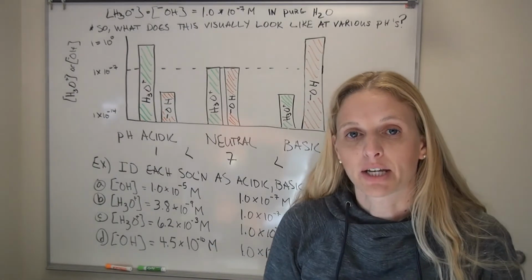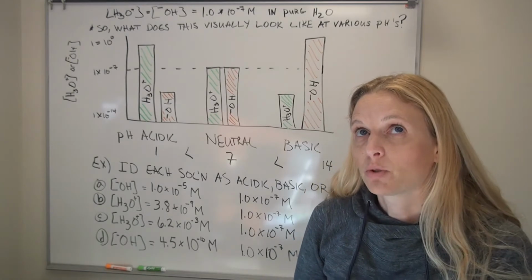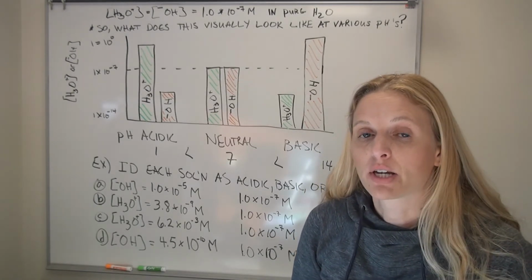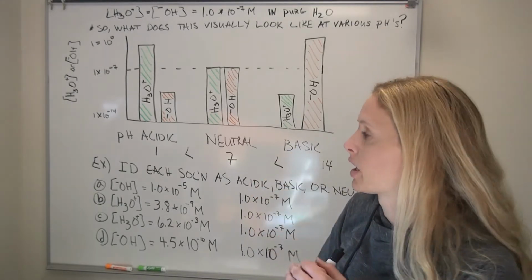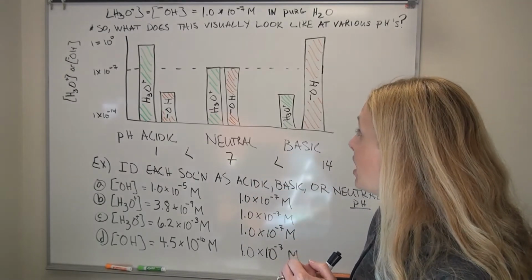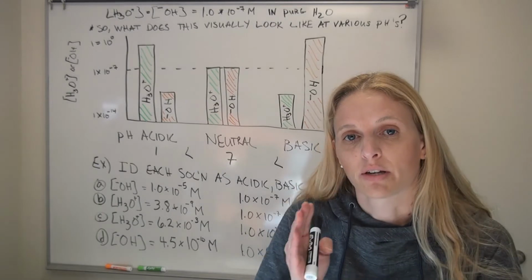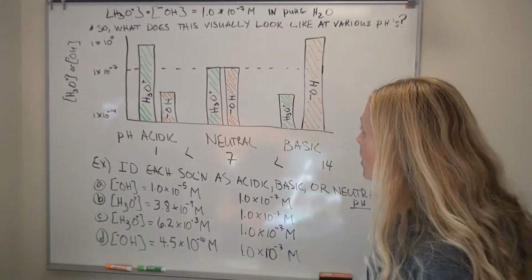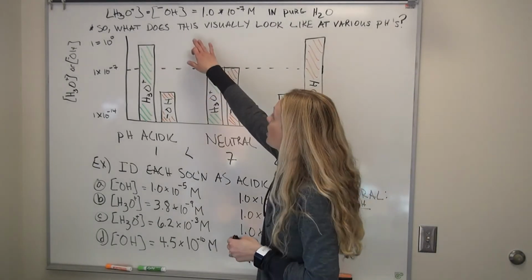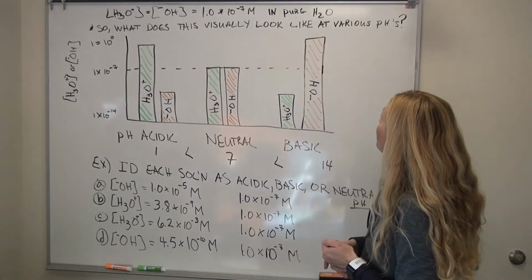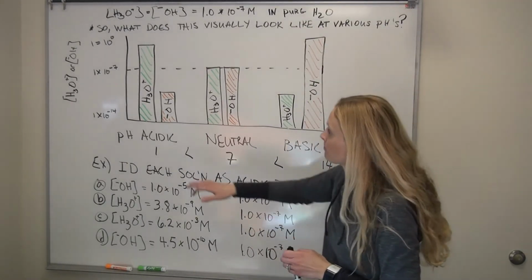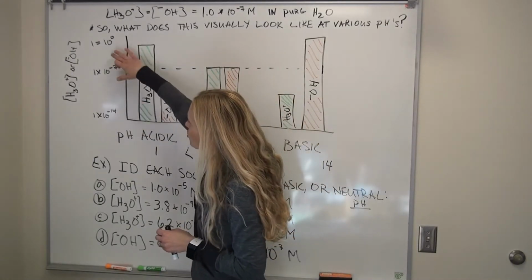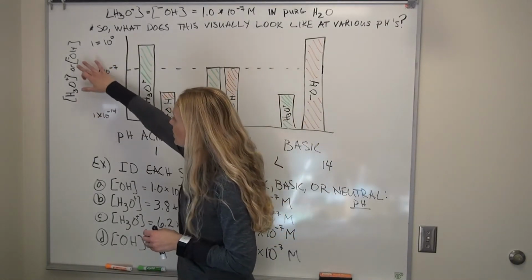Okay, so I just want to take a minute to think conceptually and visually about what those concentration numbers mean in conditions of acidic, neutral, and basic. What I have done here is visually plot what those concentrations look like at various pHs. Over here I've plotted the concentration of H3O plus or OH minus ion.